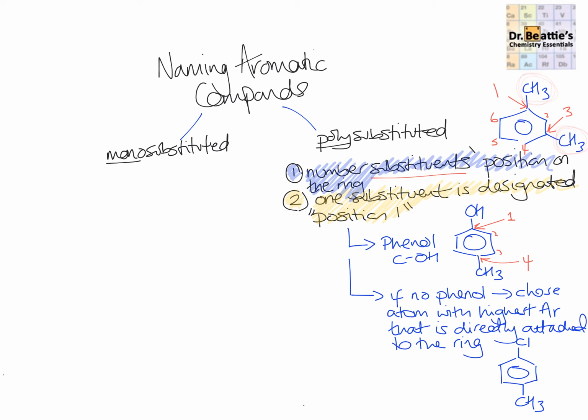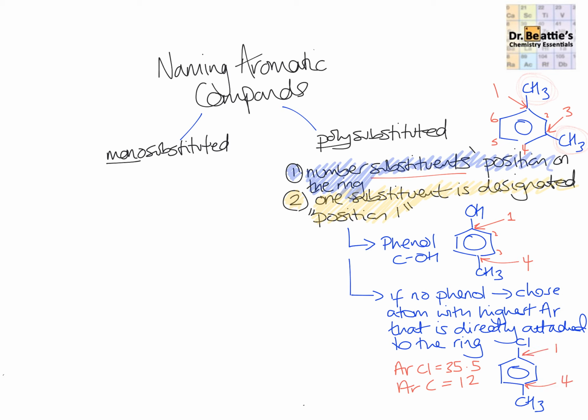Chlorine has an atomic mass of roughly 35.5, whereas carbon has a relative atomic mass of 12. So it's evident that the highest relative atomic mass is chlorine, so we're going to designate this position as number 1, and then relative to that we have positions 2, 3 and 4 for the position directly attached to the carbon of the CH3 methyl group.